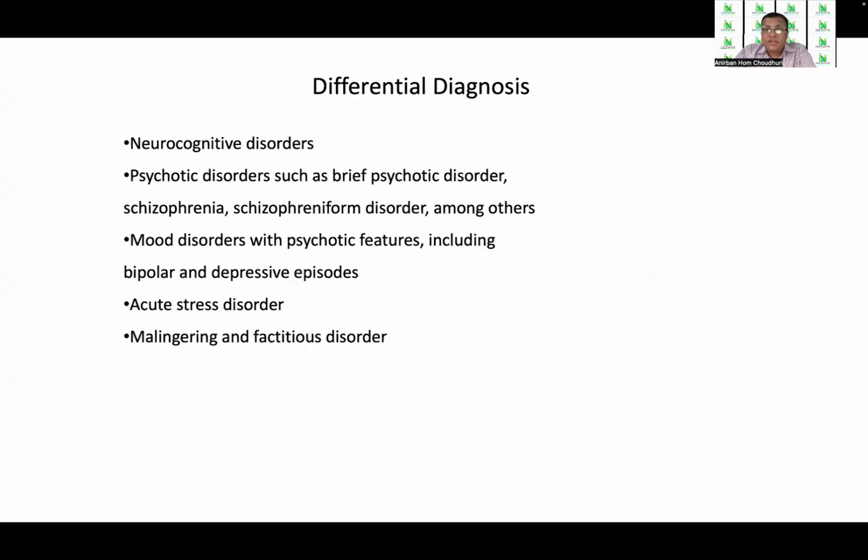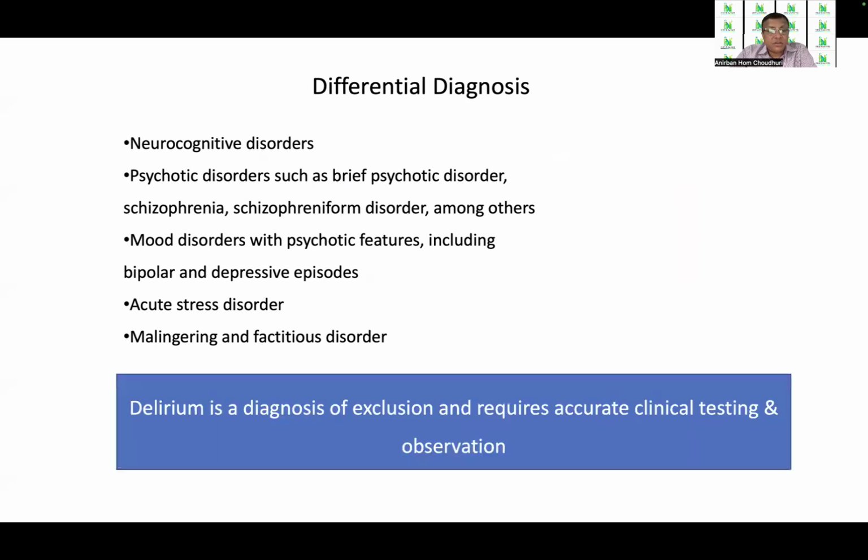Now, what can be the differential diagnosis? Certainly, delirium also needs to ascertain the differential diagnoses that are importantly eliminated by exclusion before confirming delirium, and these can be neurocognitive disorders, psychotic disorders such as brief psychotic disorder, schizophrenia, schizophreniform disorder, mood disorders like bipolar and depressive episodes, acute stress disorder, and malingering or factitious disorder.